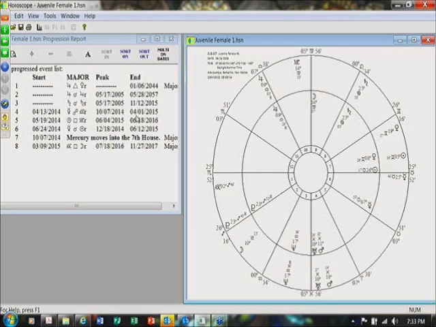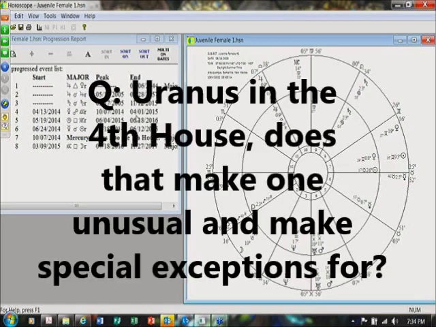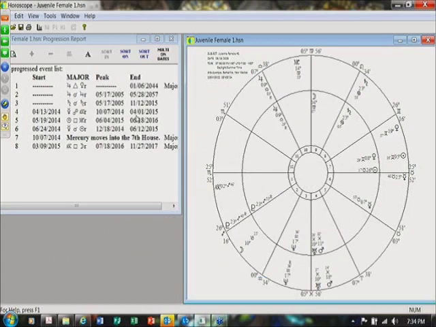And the strengths in this chart are the 7th house of one's relationships and the 4th house of one's family. Uranus in the 4th house would be that they're unusual. They're not like us. You have to make special exceptions for them. Uranus in the 1st house would be that description, because that describes self.